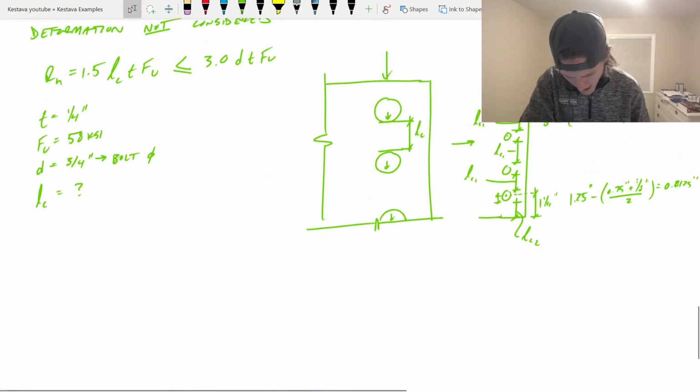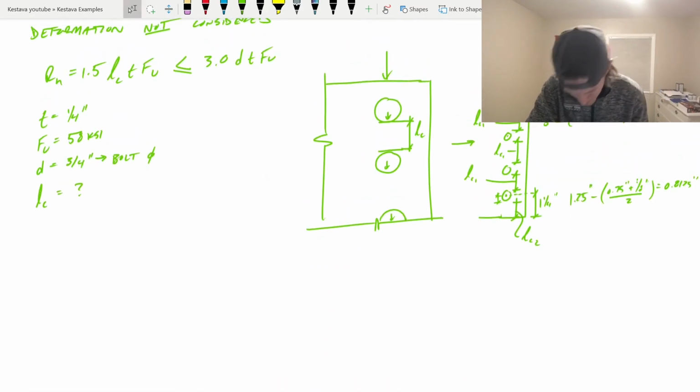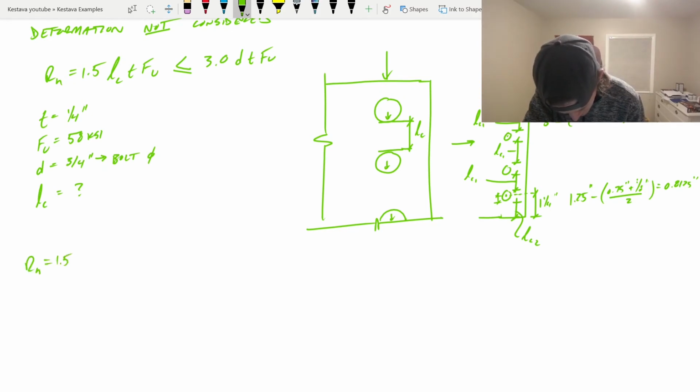So with all of that, let's plug in. Rn equals 1.5 times L sub C1, so 2.125 inches, times 1/4 inch, times 58 KSI.